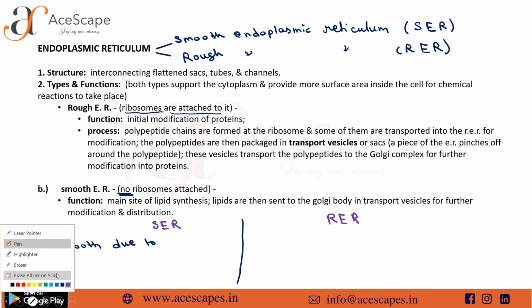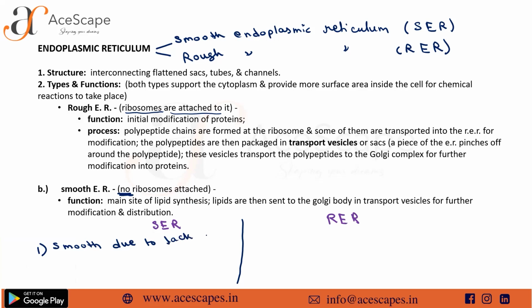So they are smooth due to lack of ribosomes. If they are smooth, then that means the rough one is rough due to presence of the ribosomes.